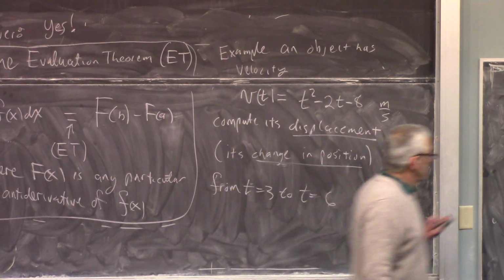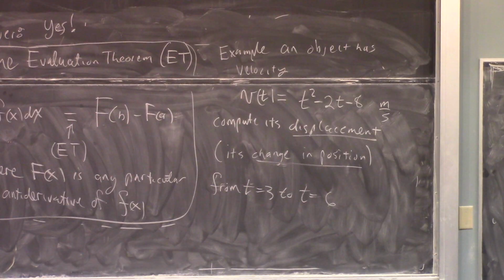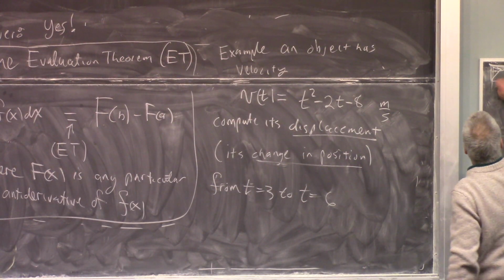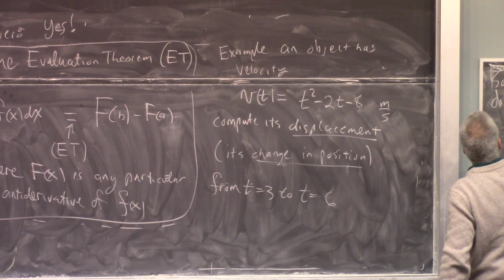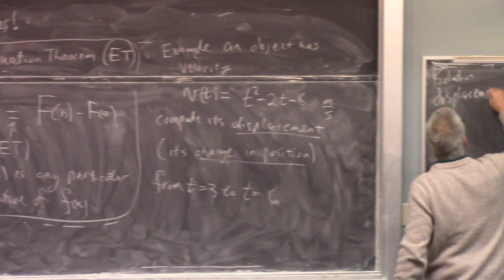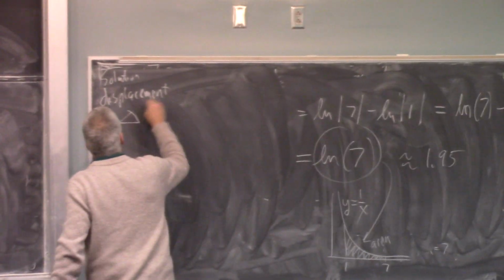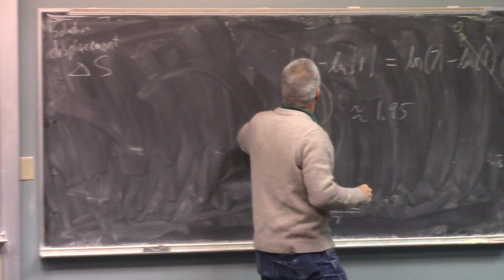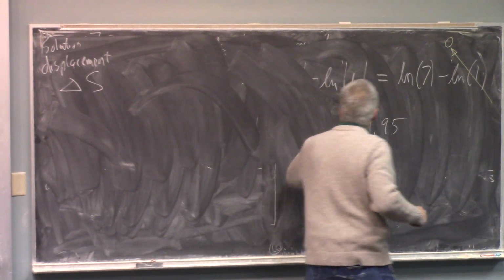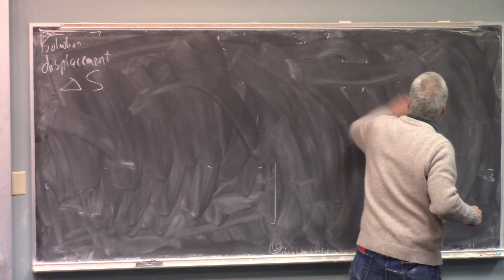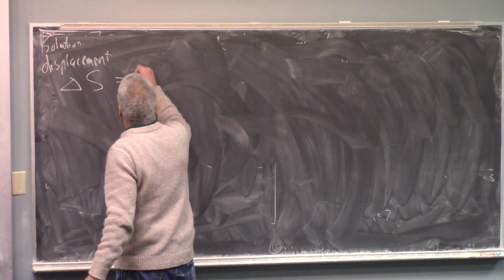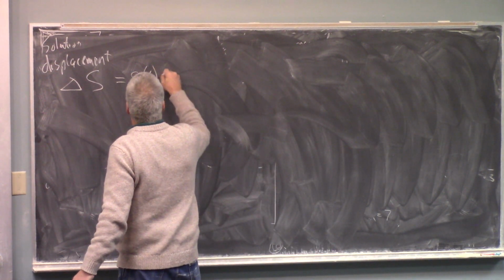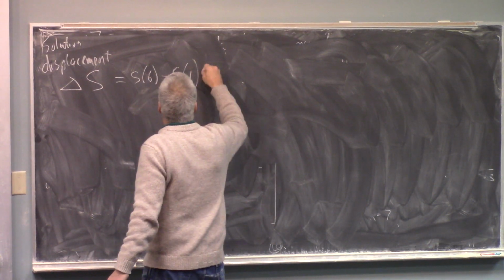All right, so we're interested in a change in position. So displacement is delta S. And so that's going to be S of 6 minus S of 1.